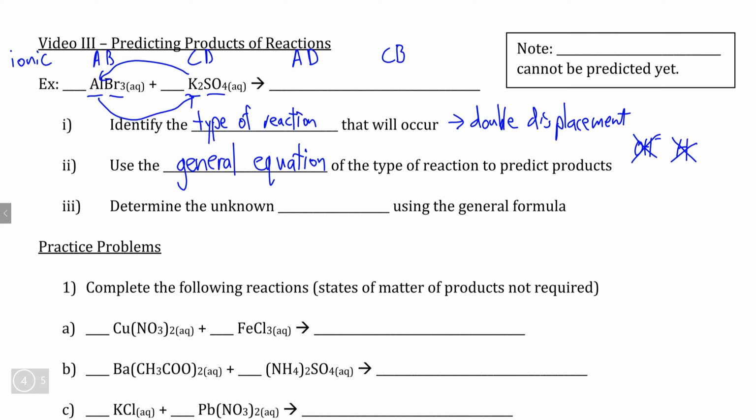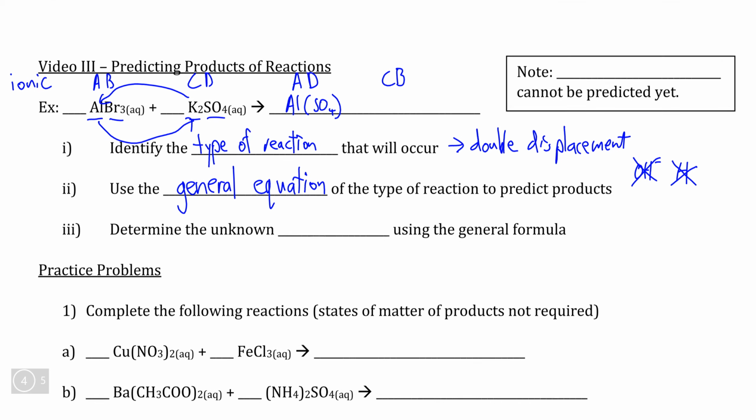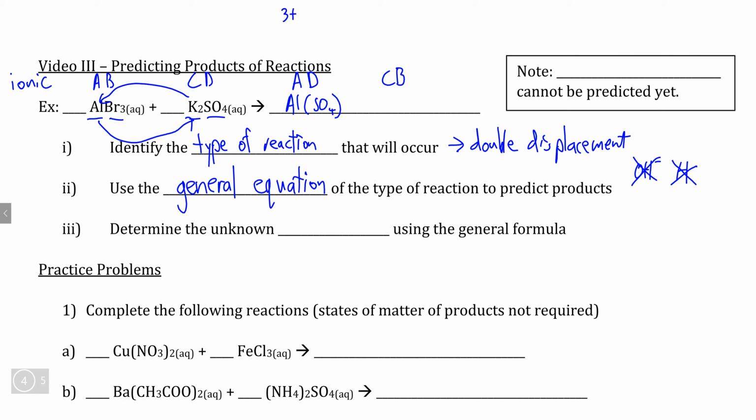So we can write out tentatively what our products are going to be, where our A is aluminum and our D is sulfate. Next, we can figure out what the proper chemical formula is of aluminum and sulfate together. We remember from our periodic table, aluminum's charge is +3 and sulfate's charge is -2. We know that the common factor between +3 and -2 is 6.